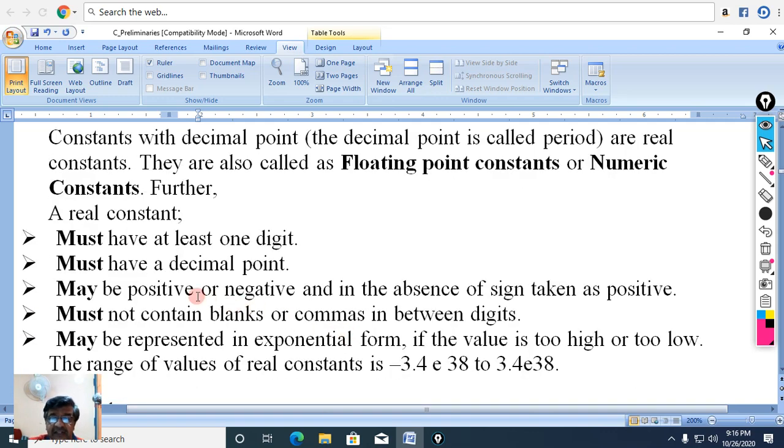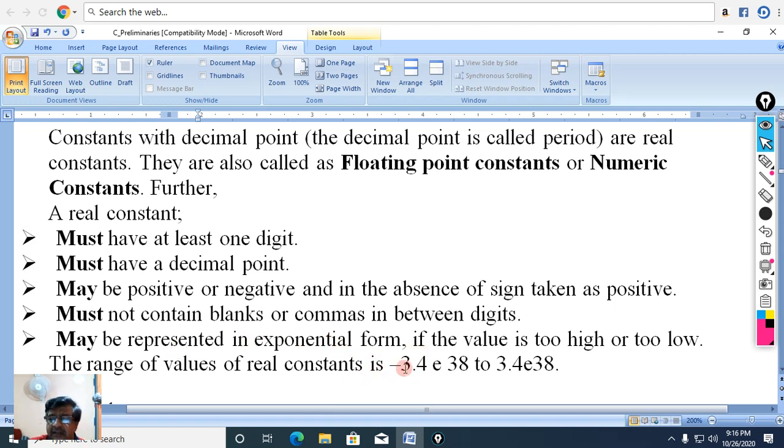A real constant must have at least one digit, must have a decimal point, and may be positive or negative. In the absence of sign it is taken as positive. It must not contain blanks or commas in between the digits. The important thing about real constants is that a too small or too big real constant can be represented in scientific form or exponential form.